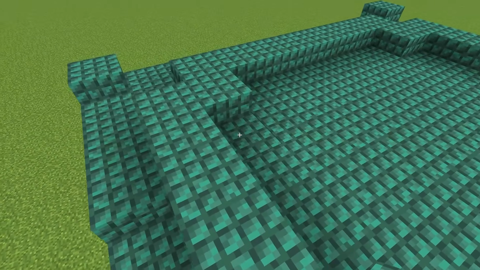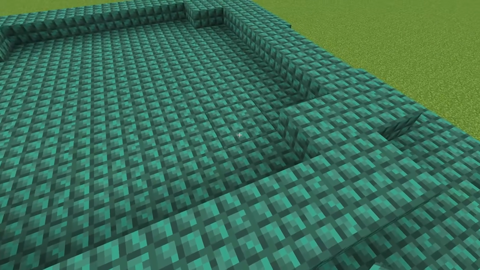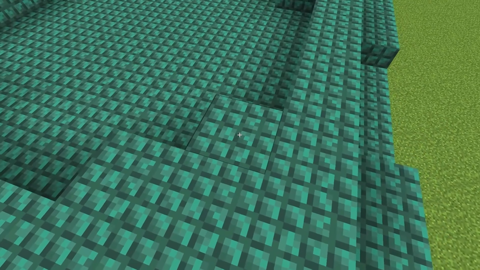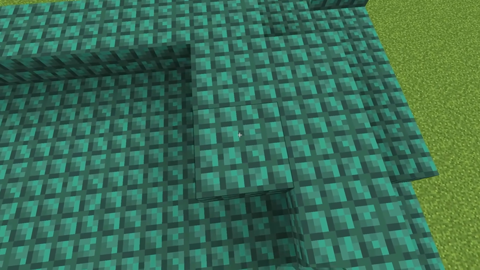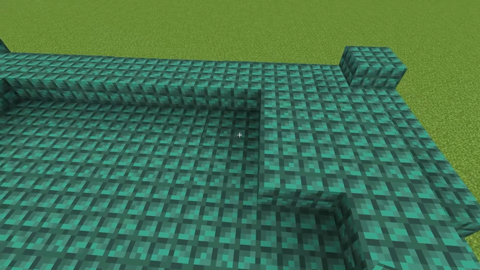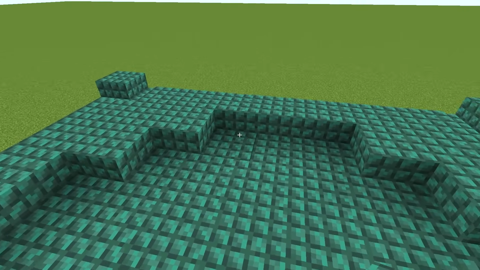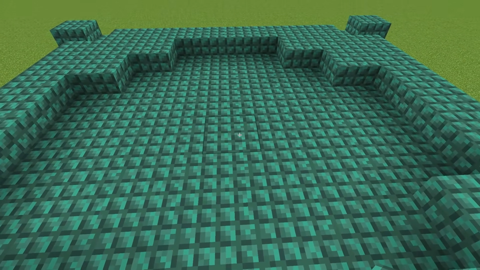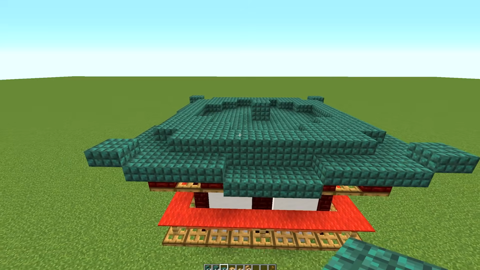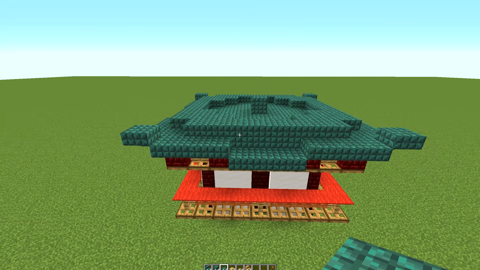And now I am building 2 more slabs in every corner. And then I set the center. It is always helpful to know what the center is and mark it with a block.